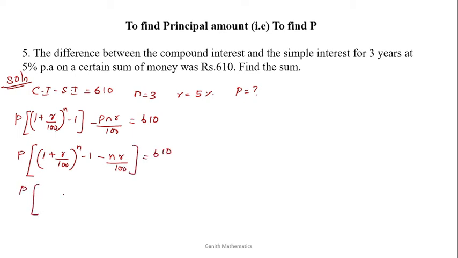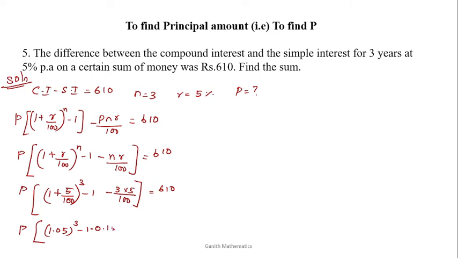So this will be P into [(1 plus 5 by 100) the whole power 3 minus 1 minus 3 into 5 divided by 100] is equal to 16. So P into [1.05 the whole power 3 minus 1 minus 0.15] is equal to 16.